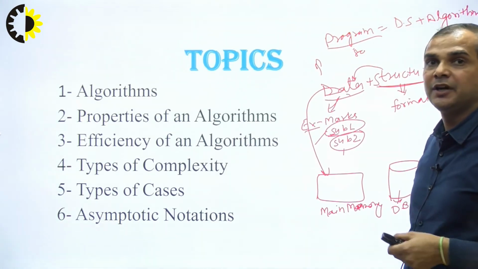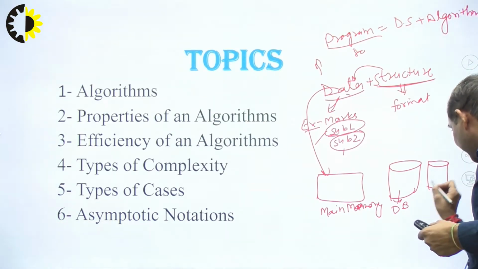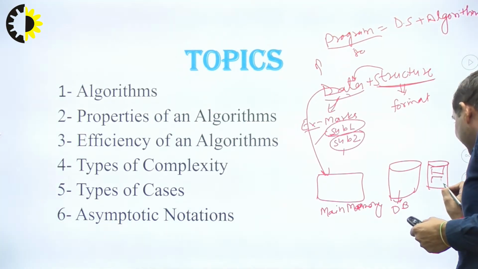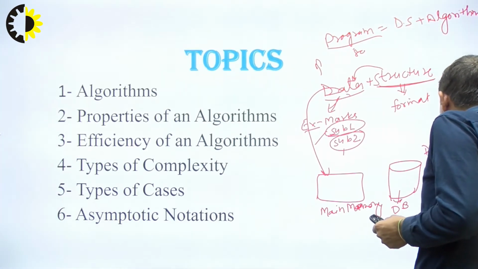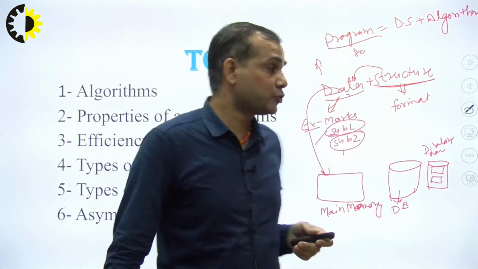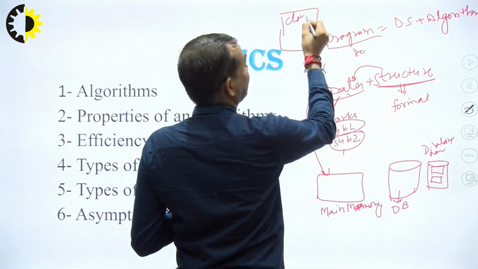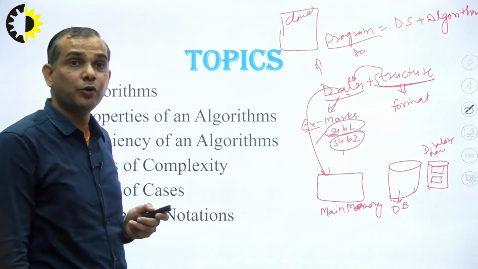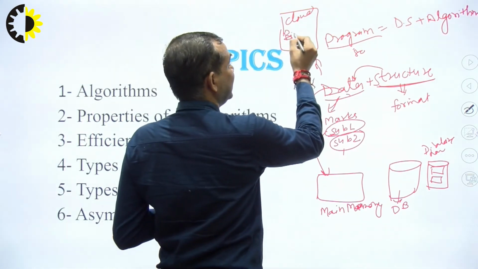When we have a collection of hard disks, then this data is known as the data warehouse. And when we store this data on the cloud, that data is known as big data.